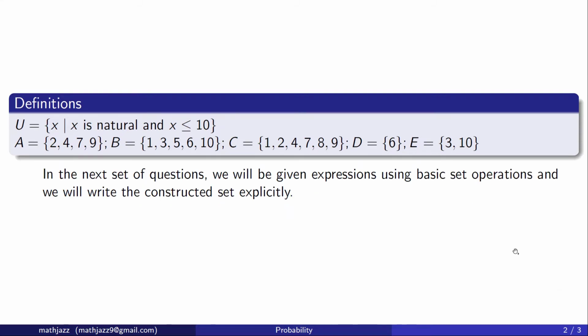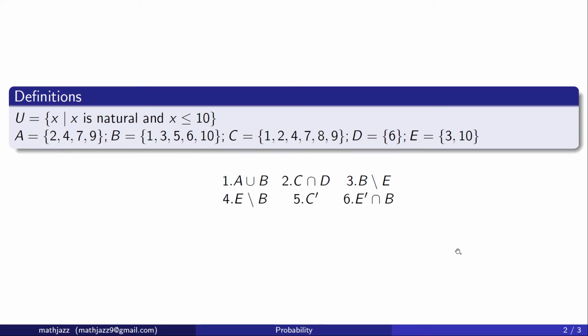Okay, so for the next set of questions, we'll be given expressions using basic set operations, and we will write out the elements of the constructed set explicitly. So here are the expressions that we will explicitly write out.